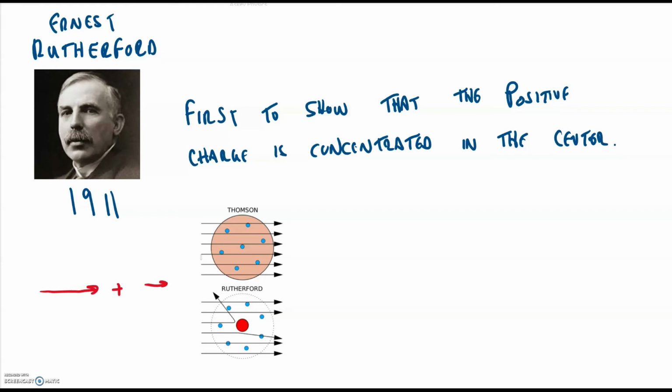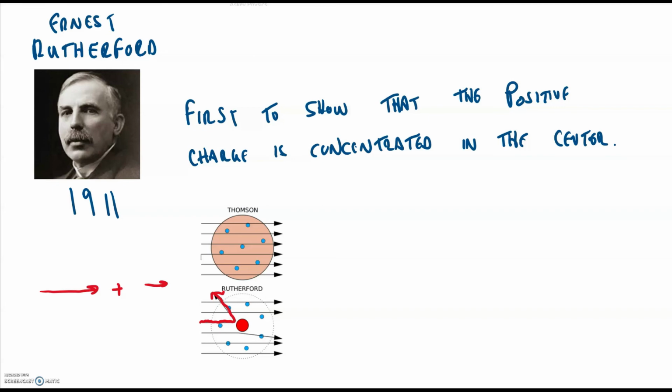His theory was that if the structure of the atom conformed to the Thomson model, the stream of positive charge would just blast right through it. But instead, what he noticed was that every once in a while, if he shot this stream too close to the center, the positive charge would be repelled almost, in some cases, straight back at the source of the emissions.